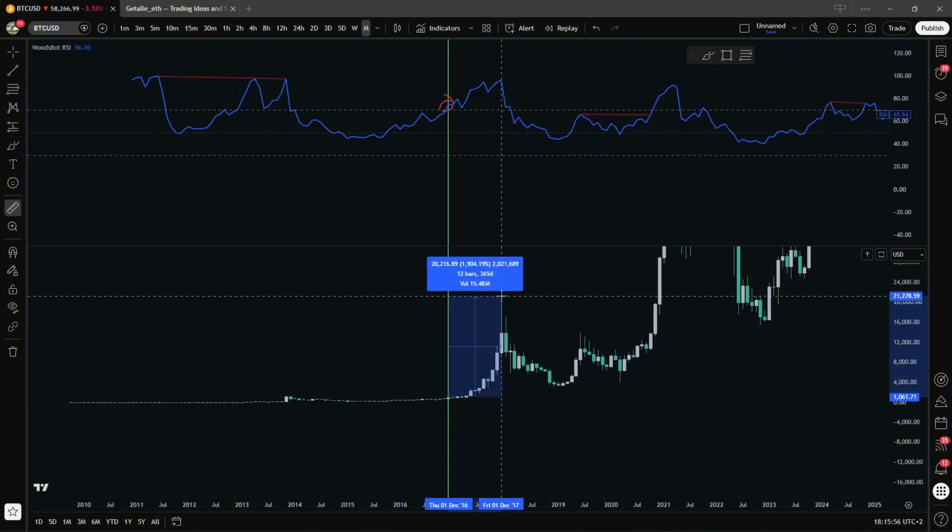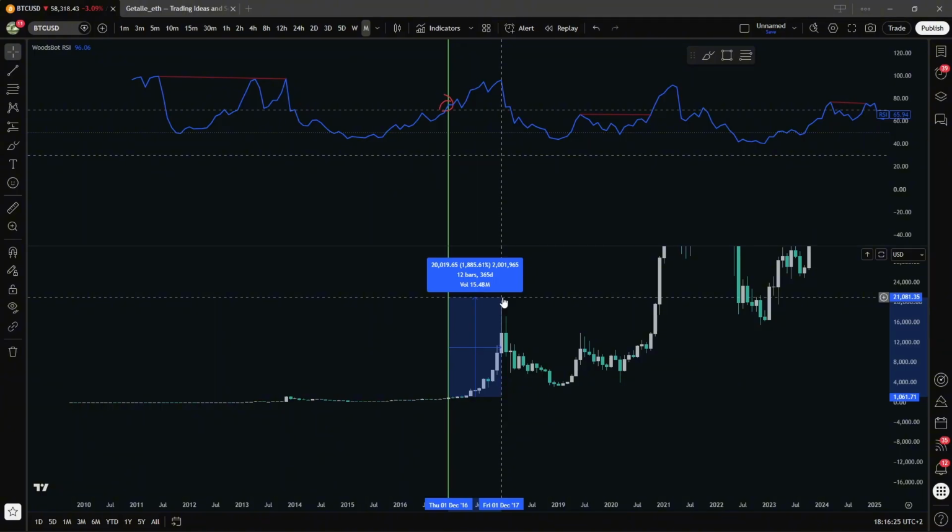It went from 1K to 21K, you know, and it stayed in the overbought area for 1 year, like exactly 1 year, before it finally pumped. So I hope you guys can see why, even though a coin is in the overbought or oversold area, it doesn't mean it has to do anything.